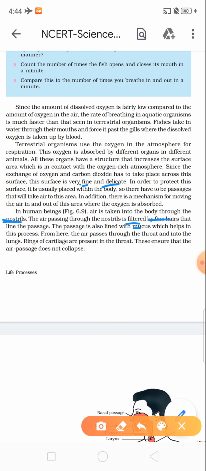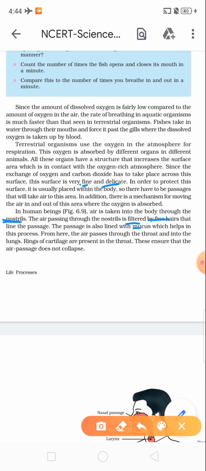Now let's move further. From here the air passes through the throat and into the lungs. So it is passing from the throat to the lungs. Now rings of cartilage are present in the throat. This ensures that the passage does not collapse. Yes, very important.